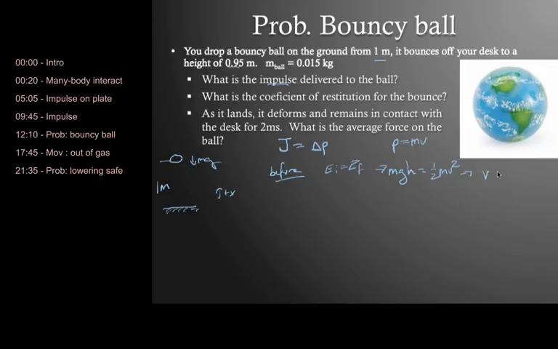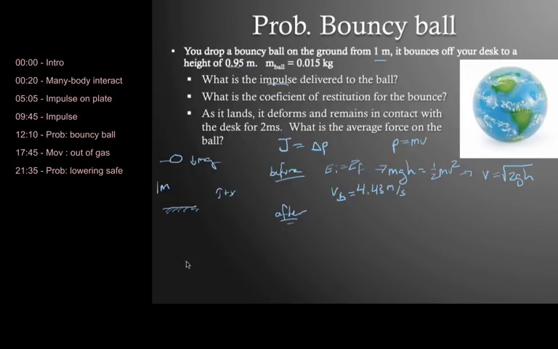So this gives me that v is equal to square root of 2gh. So here my before velocity is 4.43 meters per second.